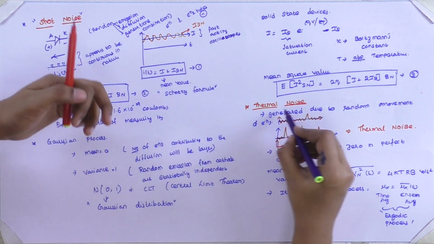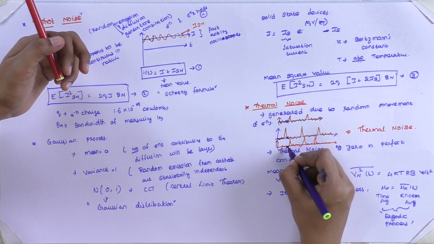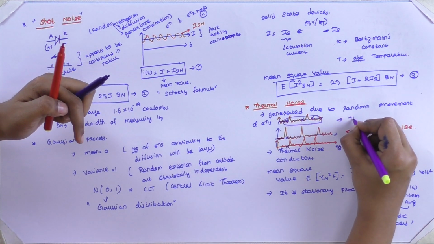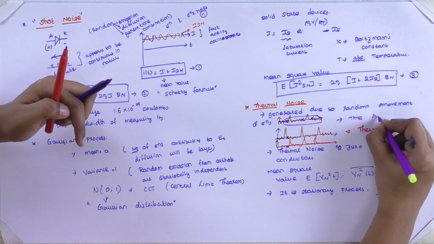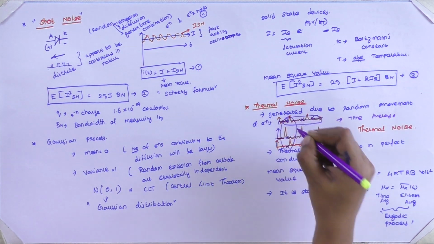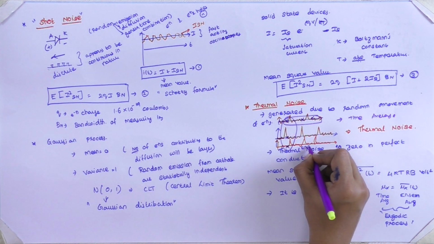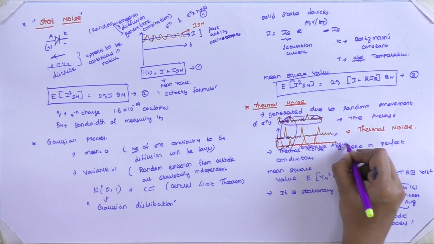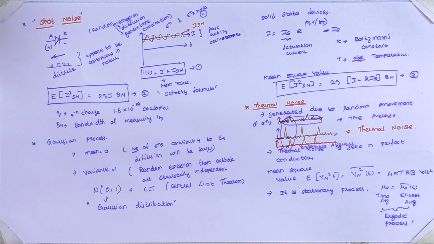When we measure along, this is referred to as the time average. If you measure across, it is the ensemble average. When both of these are equal, we refer to that type of model as an ergodic process.